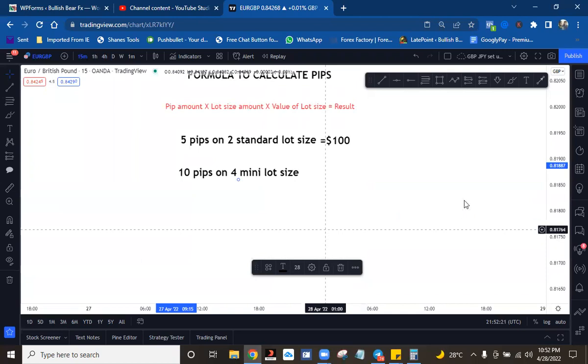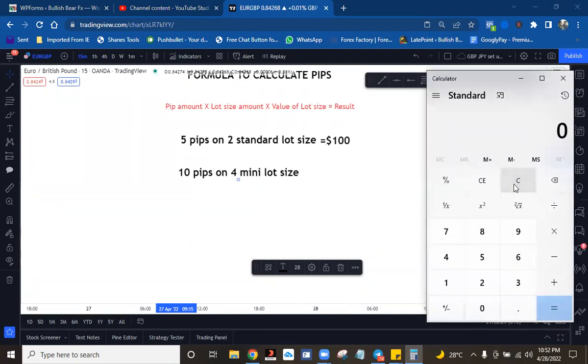Using the same formula, the amount of pip, which is 10 pips, all right, times the amount of lot size, which is 4 mini lot size, times 4, times the value of a mini lot size, which is $1, times $1 equals to 40.